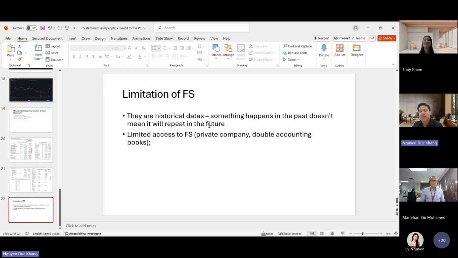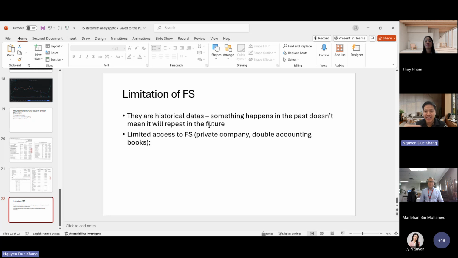And as an outside investor, we also face some difficulties, like maybe we couldn't access the financial statement, maybe because it's a private company. A lot of companies in Vietnam have a double accounting book, one for the tax and one for themselves. And like I said above, in order to compare, you should compare the company with its peers in the same industry.